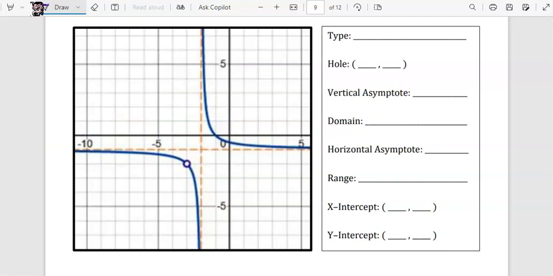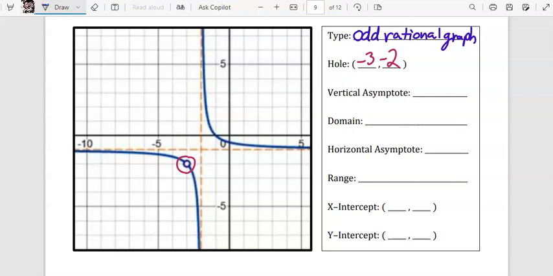Alright, let's analyze these graphs on the last page. This type of rational graph is an odd rational graph. It has a hole right here at -3, -2. Frequently, when you graph these using technology, it will not show the hole itself.